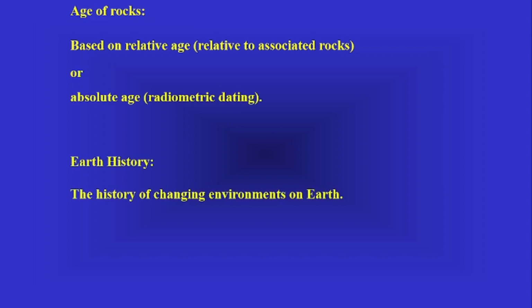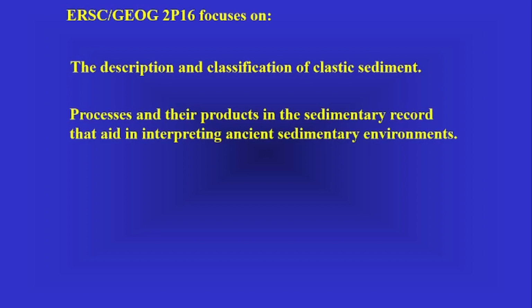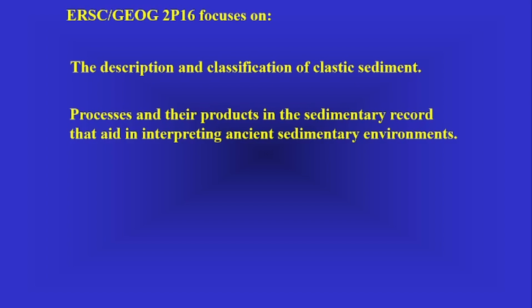Earth history, the history of changing environment on the earth, is important. So, the description and classification of rock sediments and processes and their products and the sedimentary record that aid interpretation of ancient sedimentary environment. This is the bottom line of all those discussions.